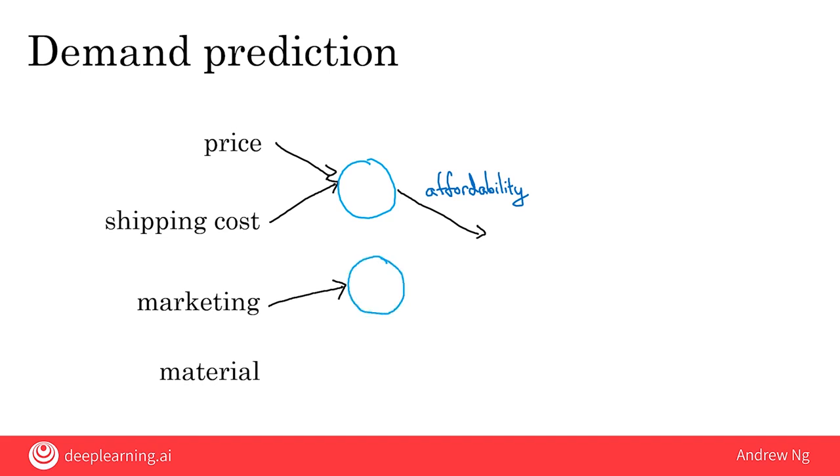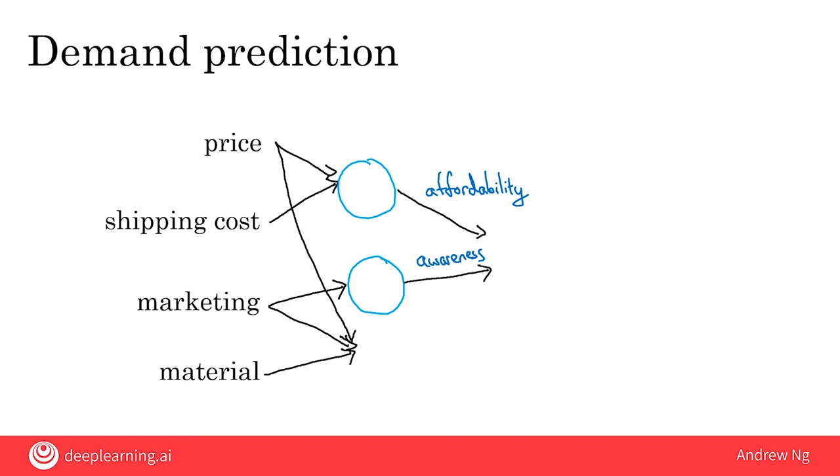So let me draw here a second artificial neuron that inputs your marketing budget, how much you spent on marketing, and outputs how aware consumers are of your t-shirt. Finally, the perceived quality of your product will also affect demand, and perceived quality would be affected by marketing, if the marketing tries to convince people this is a high quality t-shirt, and sometimes the price of something also affects perceived quality.